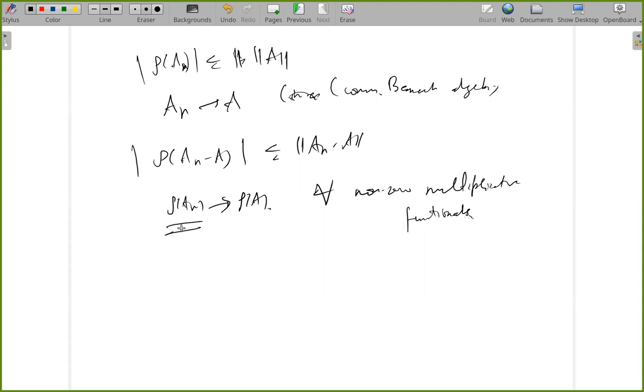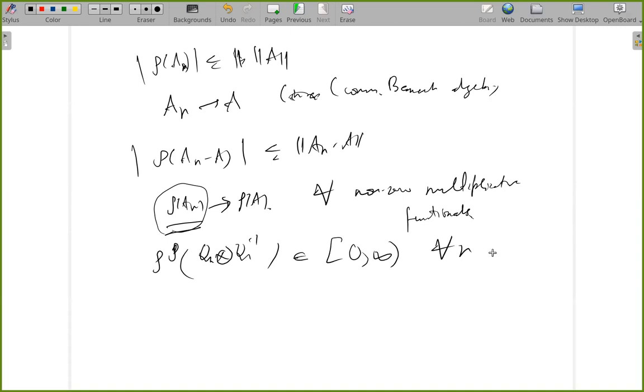So if I vary my rho, effectively what I have is, in our sequence Qn, T tensor T inverse, rho of this belongs to (0, infinity) for all n and all rho, right? Because we saw that the spectrum is in (0, infinity). This is true for any n, and simply because of that, using this Gelfand transform, the image, in fact, as you vary over all non-zero multiplicative functionals, you get all the elements of the spectrum, right?